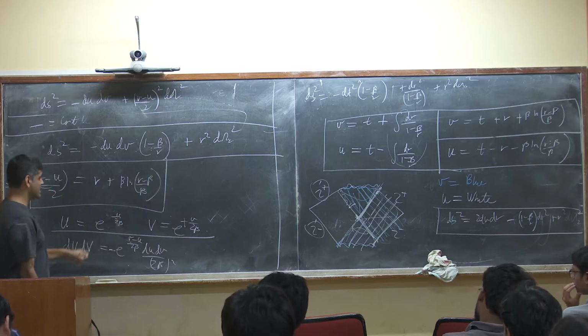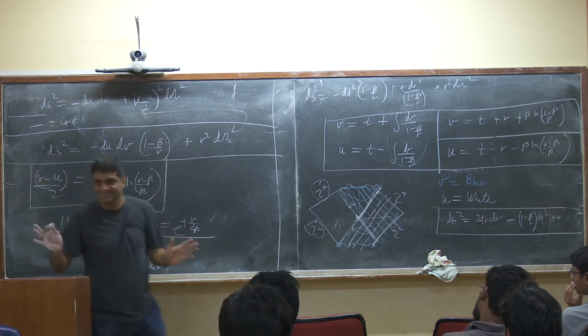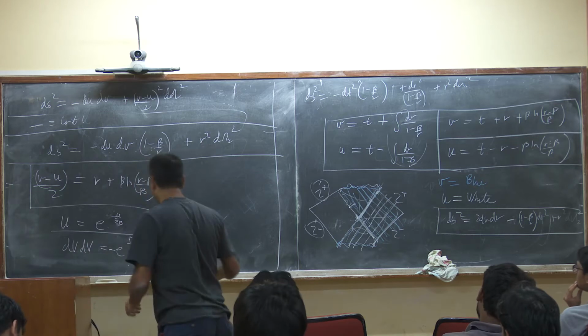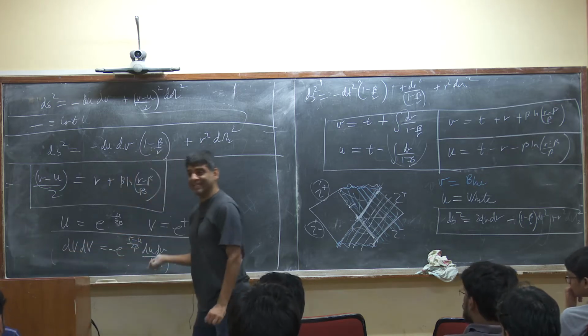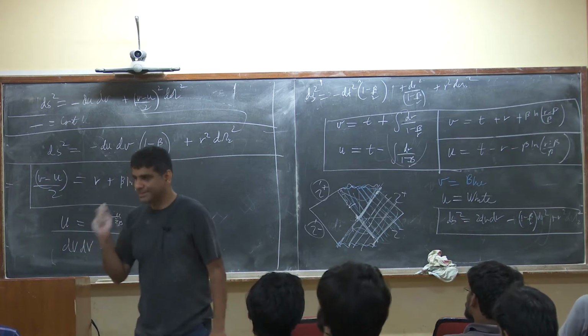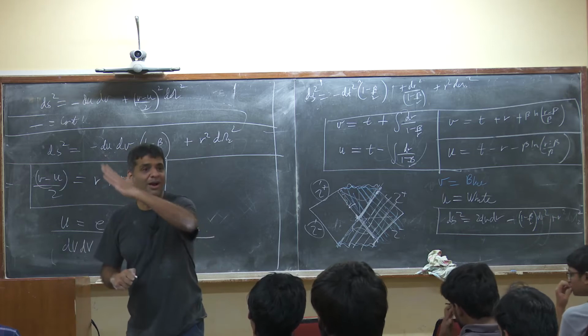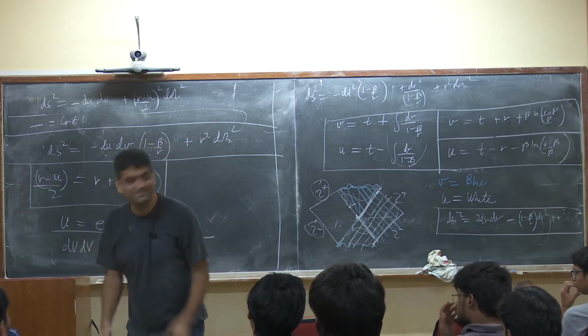So in this coordinate system, this unpleasant thing here goes away. So if I make this definition, this little algebra tells us that in the capital U, capital V coordinates, we will no longer have our metric degenerating on the horizon.